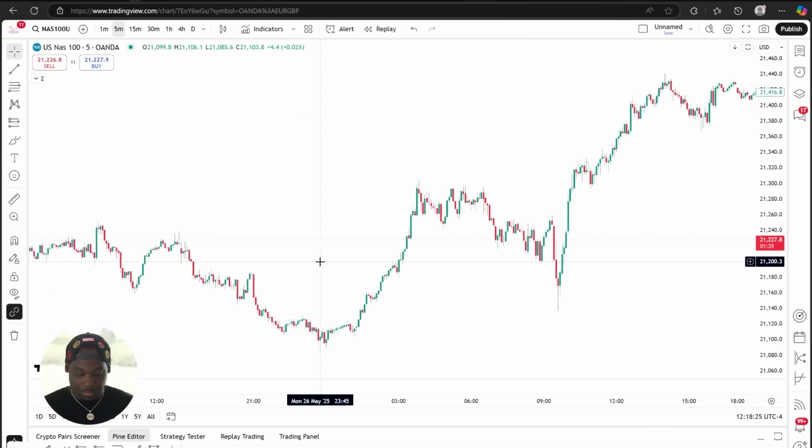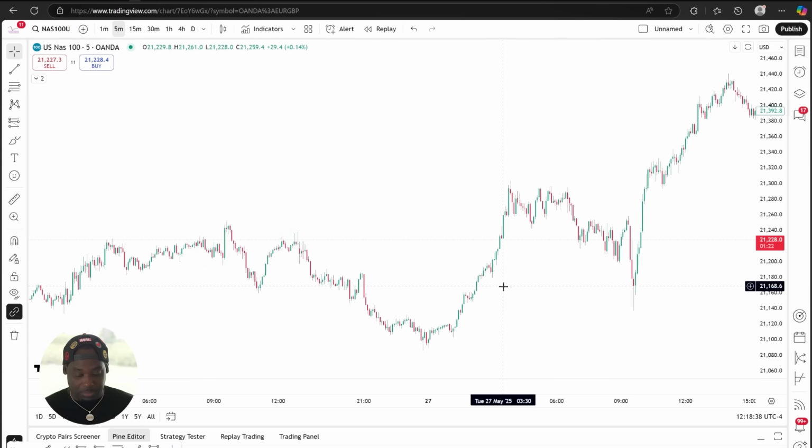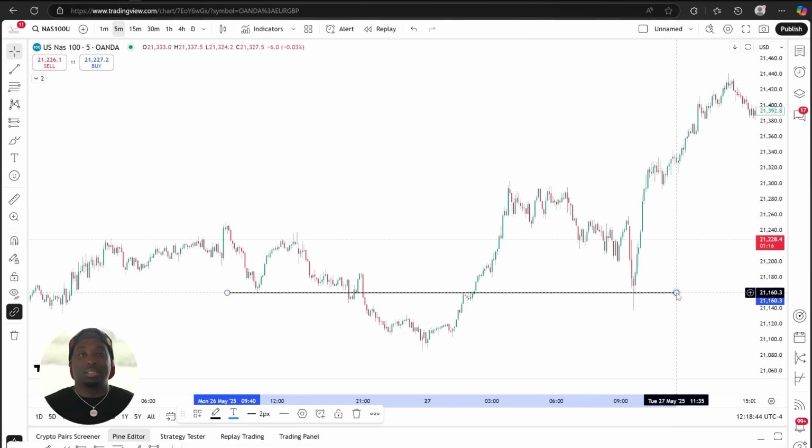Now, this day right here was literally my fault, okay? I truly believe that this was supposed to be a winning day for me, but I messed up. I'm gonna tell you how I messed up. If you look at this chart right here, we have a nice little support area. I didn't mark this down when I came to my chart.